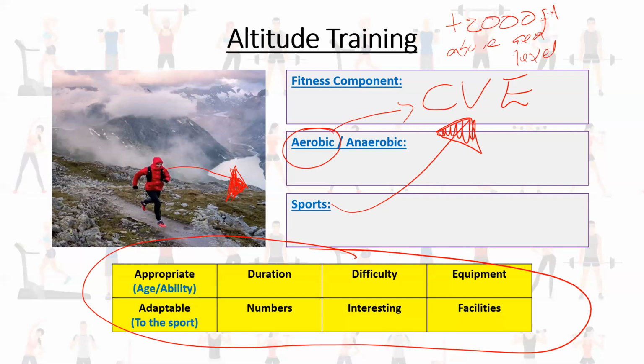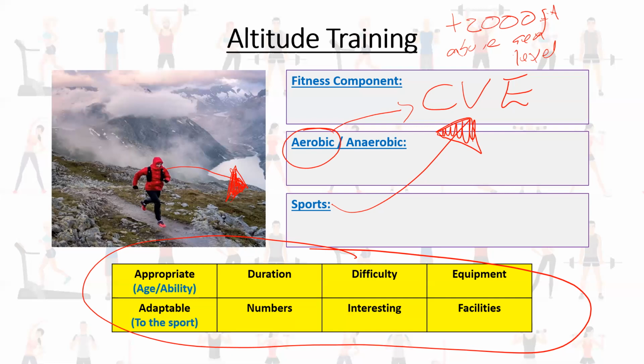There's lots of downsides, not least the fact that mountains aren't readily available. It takes a huge level of motivation. You have to work through altitude sickness, which is where you start to feel dizzy and sick up the mountain, to the point where you might not be able to train. And if you can't train, it defeats the whole purpose of being up there in the first place, because you're potentially just regressing in terms of the progress that you've made.